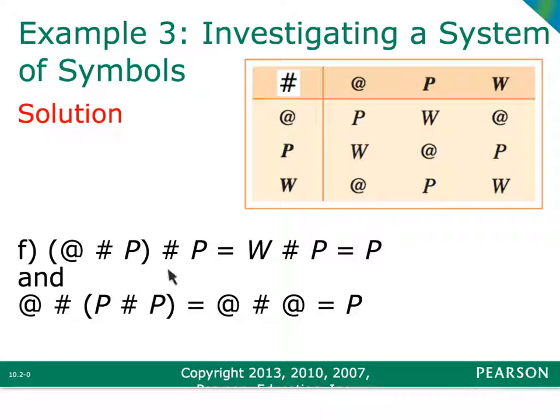Okay, now we're testing the associative property. We're going to see if (@ number P) number P, doing the first two first, is the same as @ number (P number P), doing the last two first.